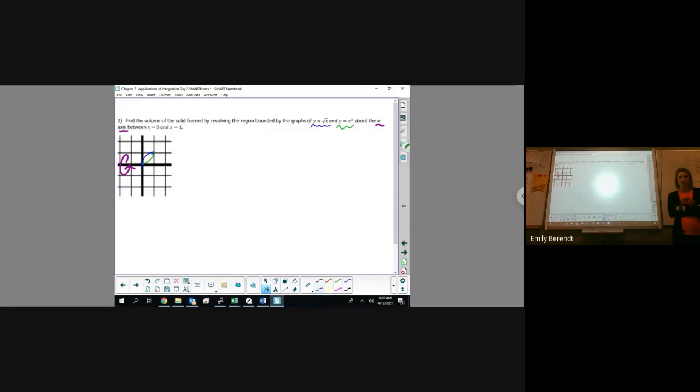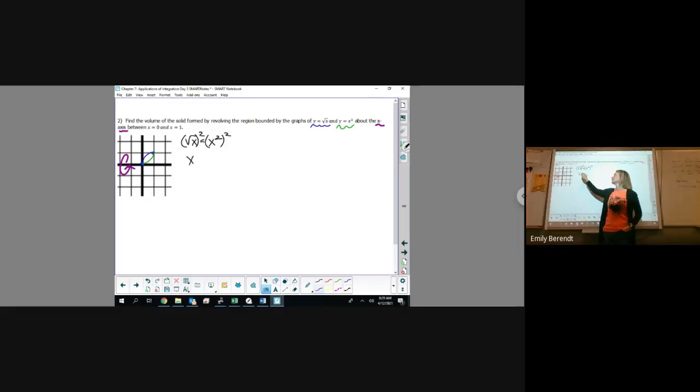And again, the points of intersection were easy on this one because we know the square root of x and y equals x squared. Remember to find your points of intersection, if it's not obvious, set the two functions equal. So if you had the square root of x equals x squared, what would you do here? How would you get rid of the root? To get rid of the root, you would square it.